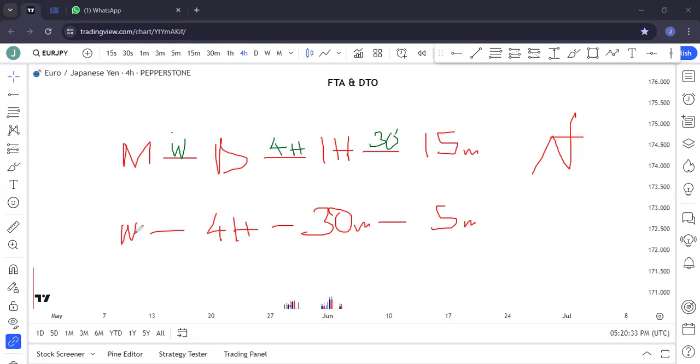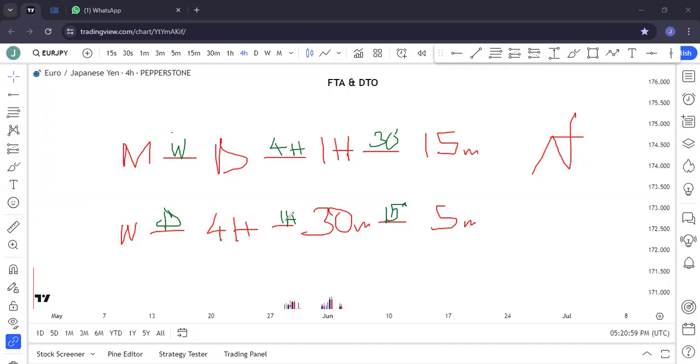From weekly to 4 hours, we have what here? Daily. From daily to 30 minutes, we have 1 hour. From 30 minutes to 5 minutes, we have what in between? 15 minutes.